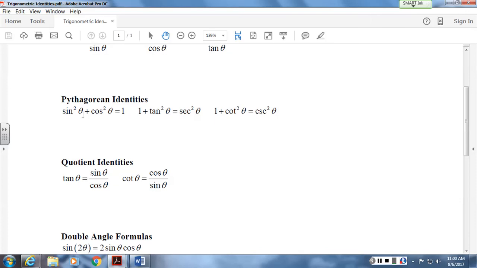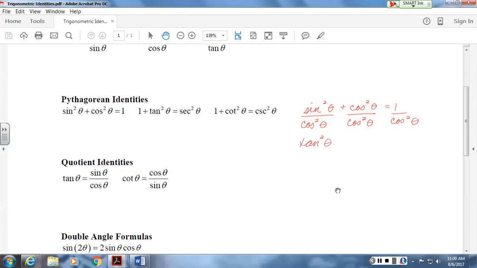Pythagorean identities, most people remember the first, but have forgotten the second. I'd like to point out that if you remember this first identity, you could take each item in that identity and divide, for example, by cosine squared theta. So if I divide each piece by cosine squared theta, sine squared divided by cosine squared is tangent squared theta.